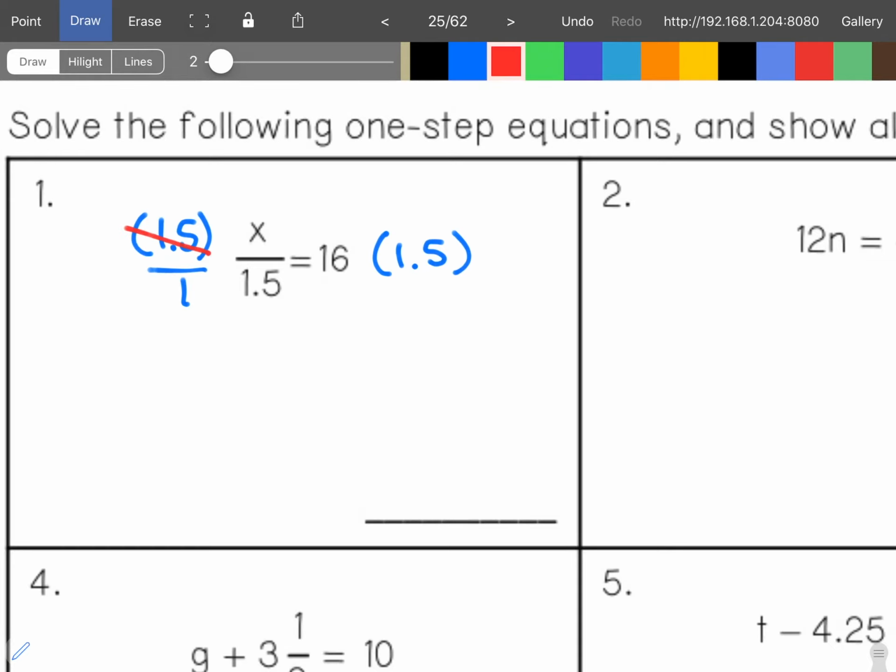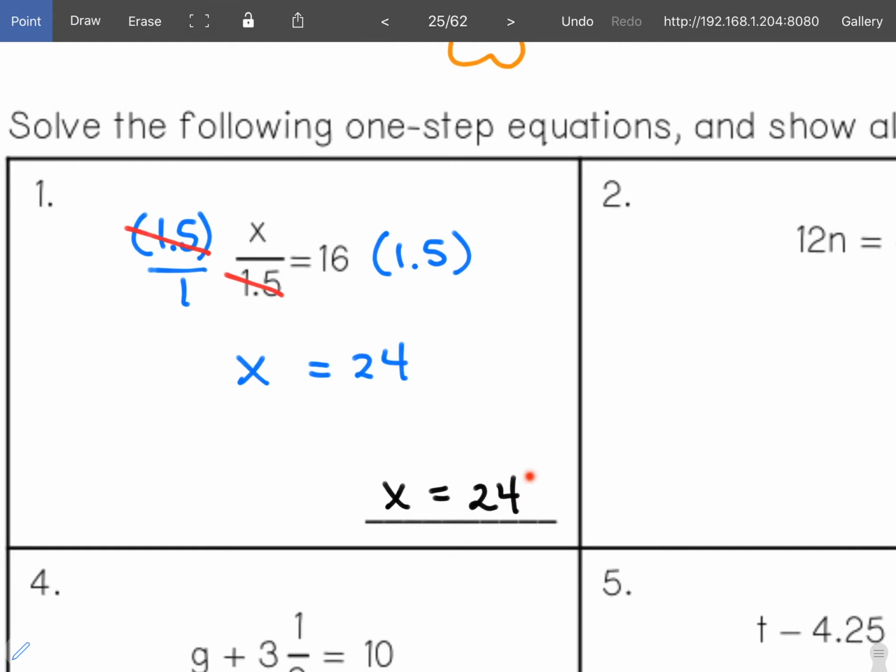So on the left side, these are going to cancel, and we're left with x equals, and then all you need to do is grab your calculator and do 16 times 1.5, and you should get 24. And so that can go on your line right here, x equals 24.